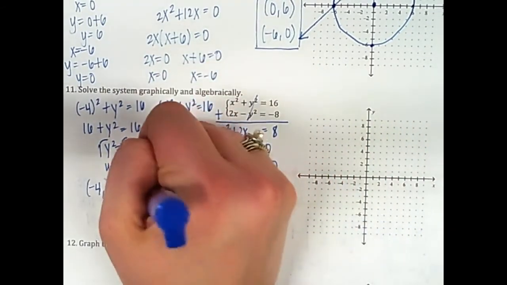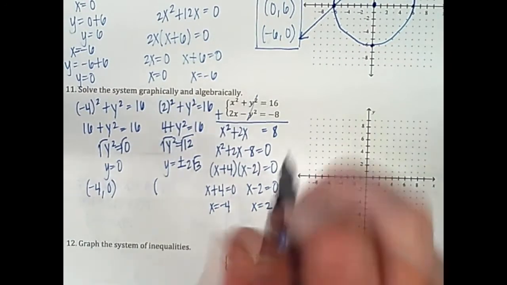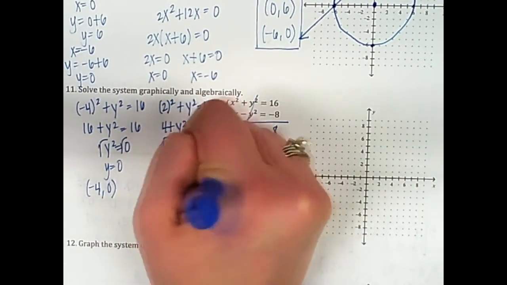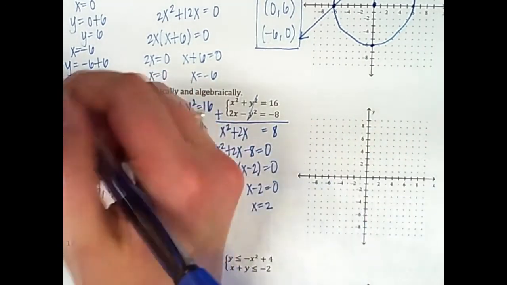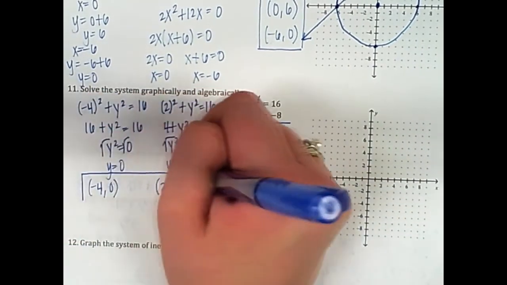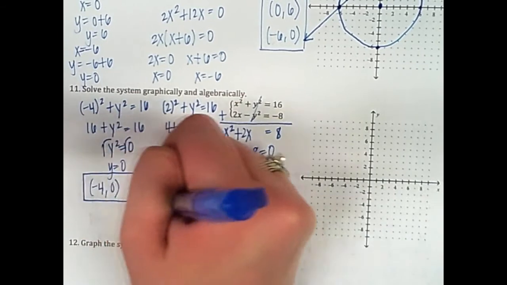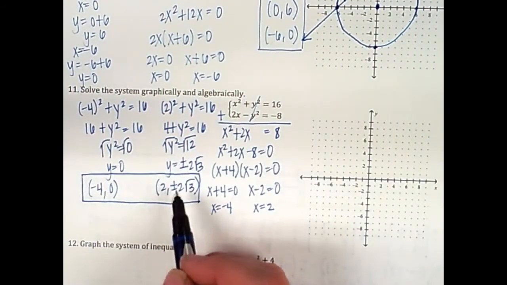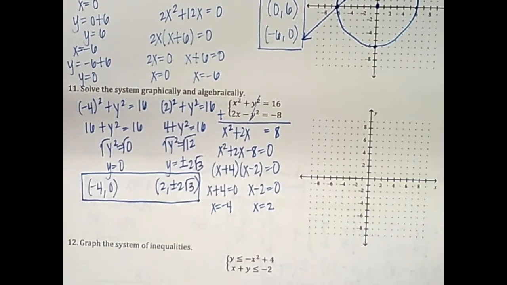And so my ordered pair, which is actually 2 points, is (2, plus or minus 2 rad 3). And so there are my two answers. You can totally write these as 3, right? So this one and then these 2. Or you can write it as 1, that's totally fine.